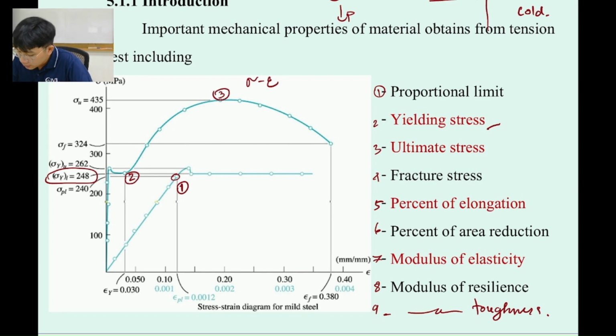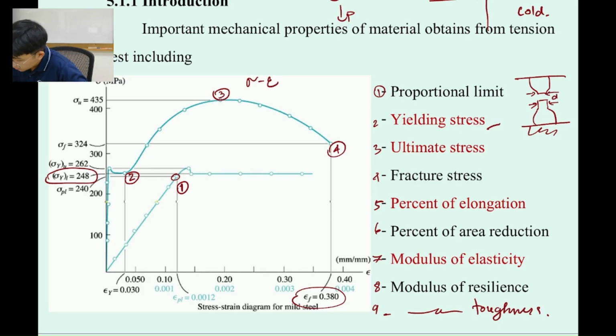And then the fracture point is going to be number 4 over here. And number 5 is the percentage elongation, so you need to observe here and then calculate like this. And then number 6, the area reduction. So you need to measure the final diameter after testing, after it failed, and compare it with the original diameter.